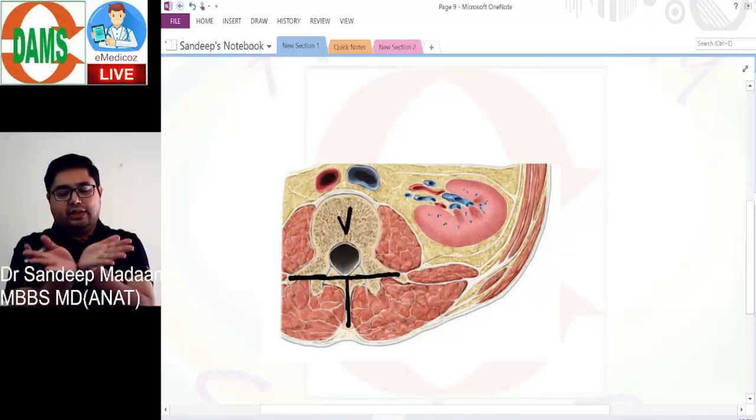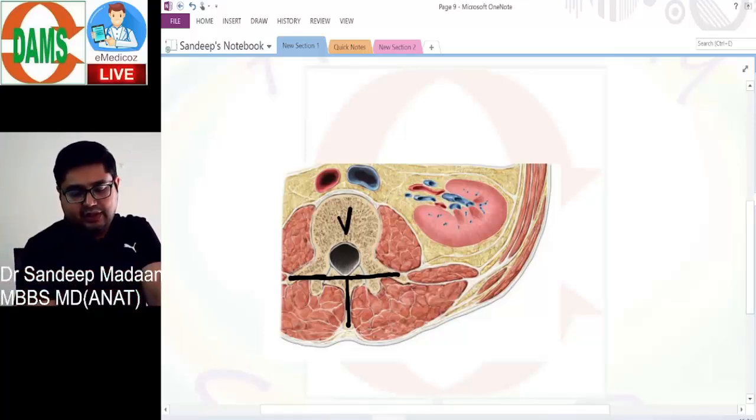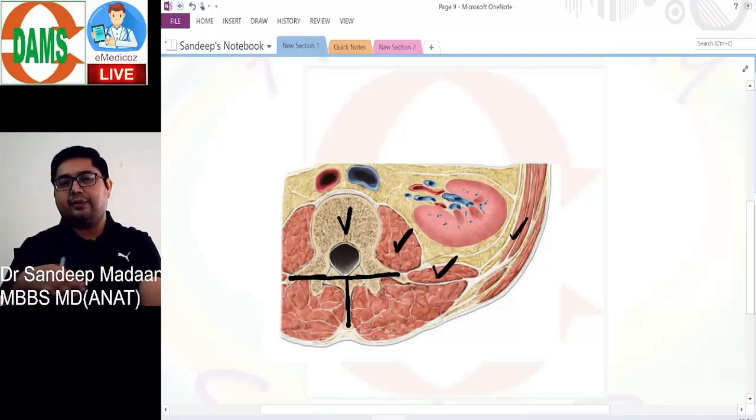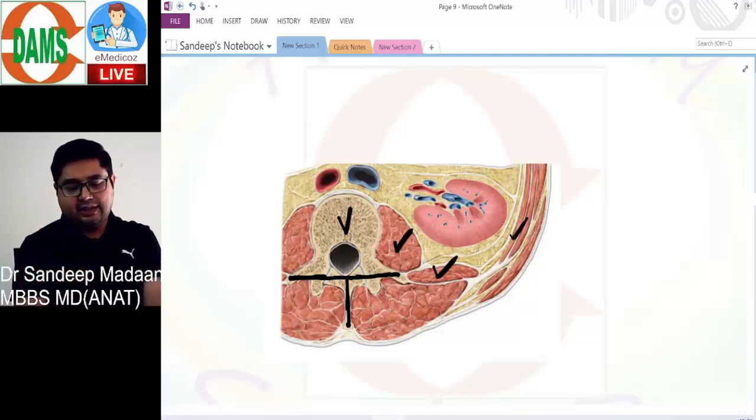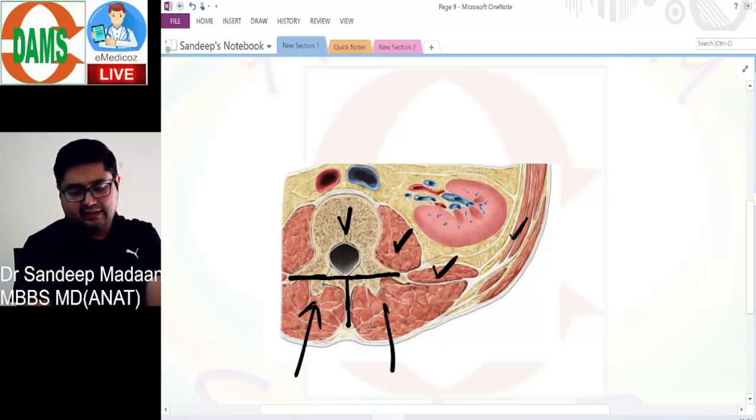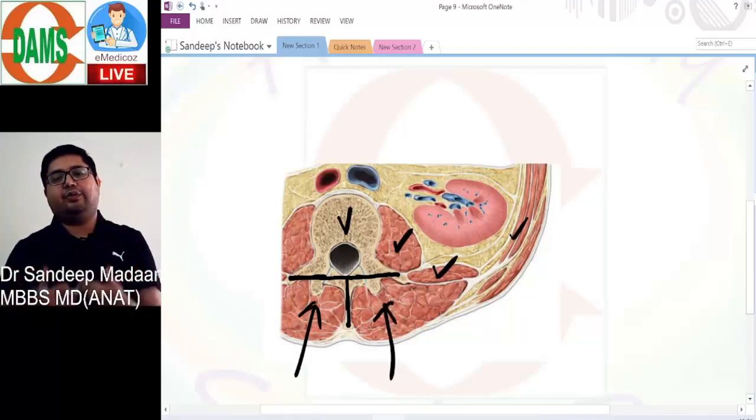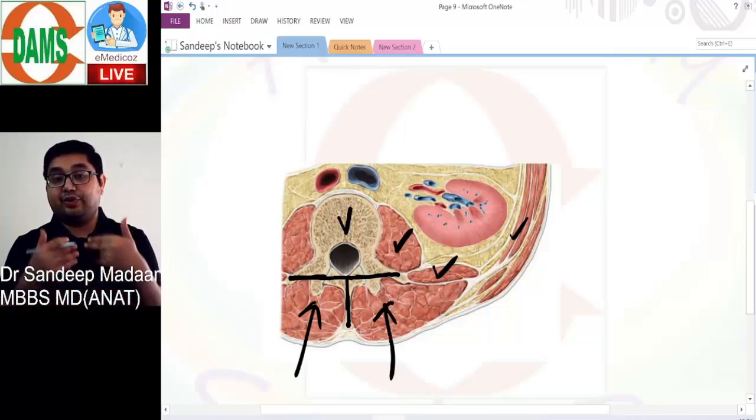Now, along the transverse process, this part here is the posterior abdominal wall. This muscle and these muscles are actually lying along the posterior abdominal wall. But behind the transverse process, this region is the back of the body, not the posterior abdominal wall.